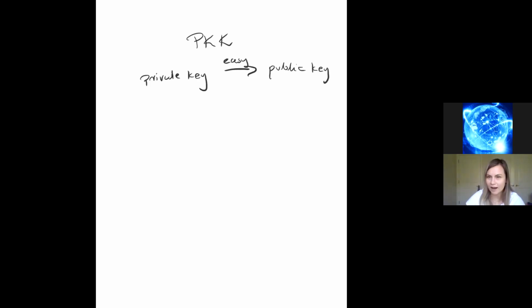But it is really hard to compute the private key when we have the public key. That's the entire idea. It's not that we cannot compute the private key from the public key. Yes, we can, in finite time, but this finite time can be 100 years. So the whole point of security is that in order to make a false signature or to decrypt your message, you need a lot of time. That is considered to be secure.